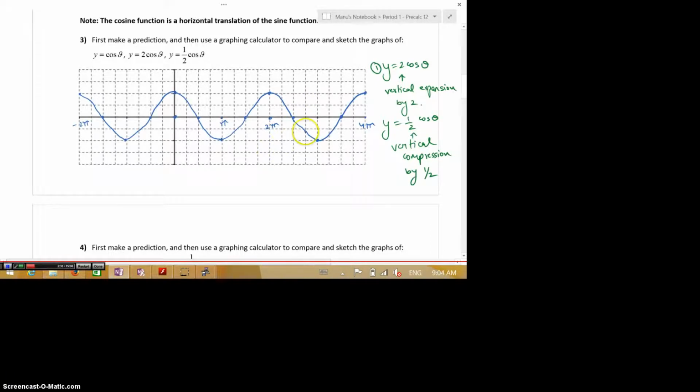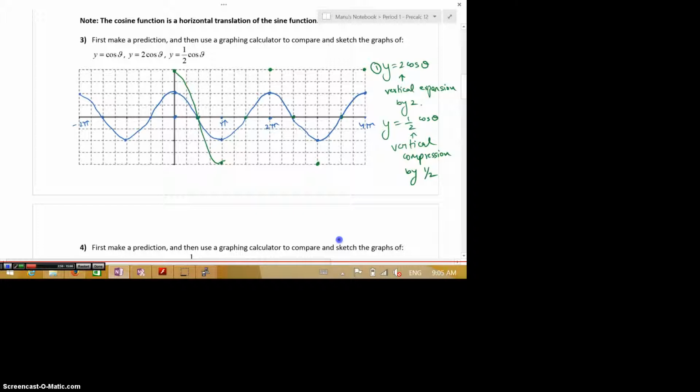So once again, that's the original function. We'll draw the first transformed function, y equals 2 cosine of theta, in green, in which case all the y values get doubled. So 1 became 2, 0 stayed 0, negative 1 became negative 2, 0 stayed 0, 1 became 2, 0 stayed 0, negative 1 became negative 2, 0, and 2. So the graph changed to this.